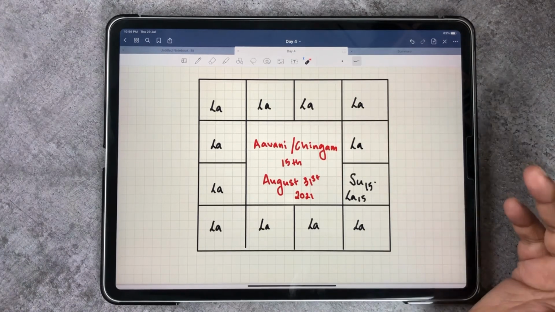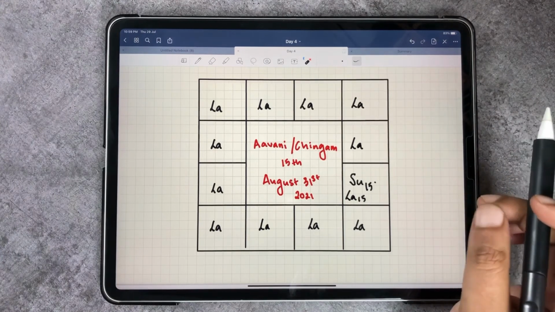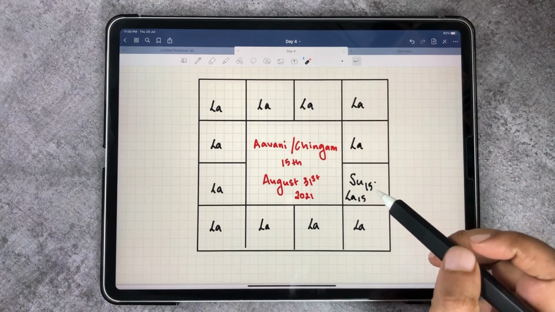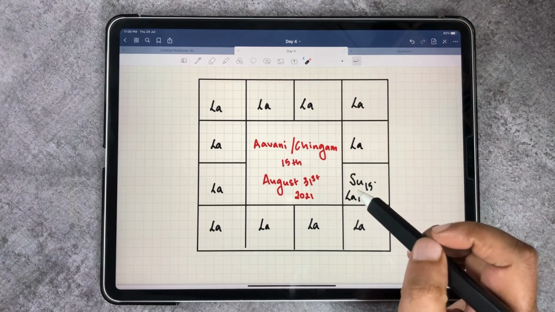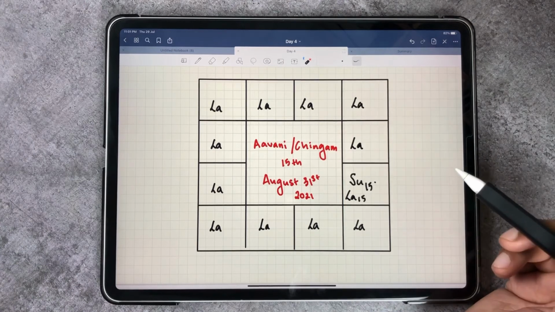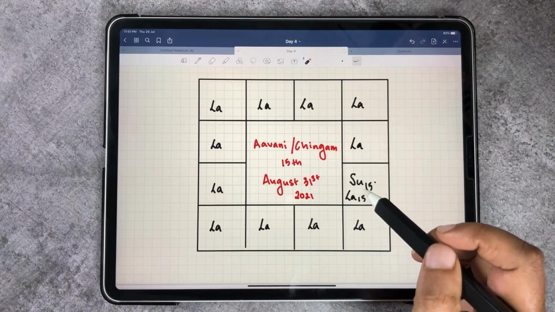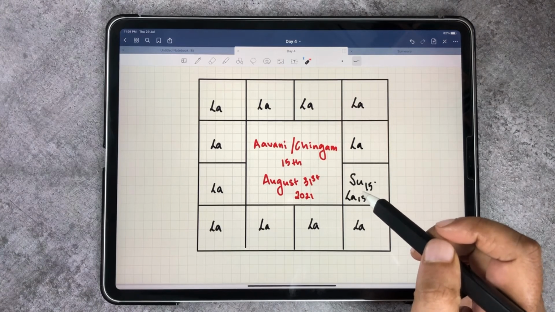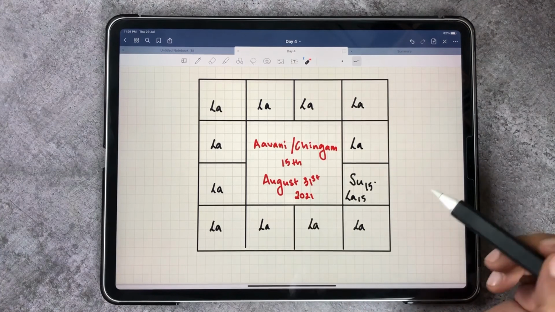Again, we have also obviously covered how to approximately find the time of each Lagna. Let's say somebody is born during the month of Avani. So obviously you would have figured the position of the sun. And let's say he tells you that I have a Dhanusha Lagnam. So approximately using the position or placement of the sun, you can find out the approximate time as to when he is born.